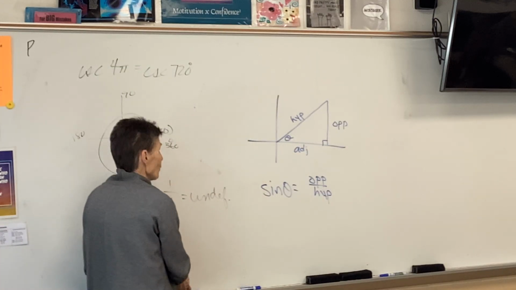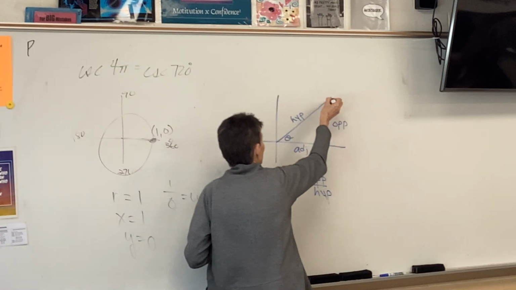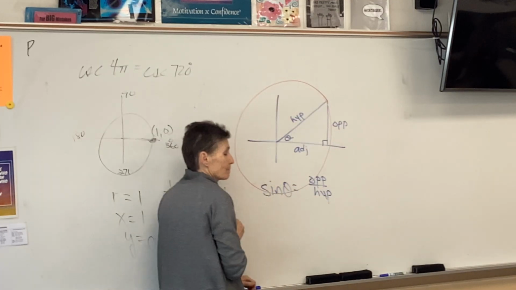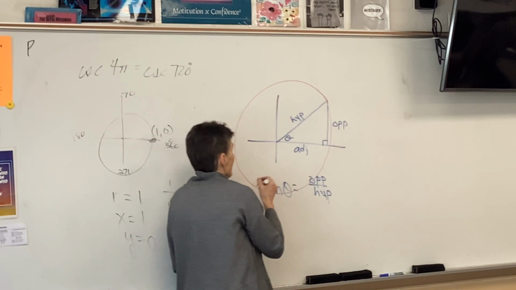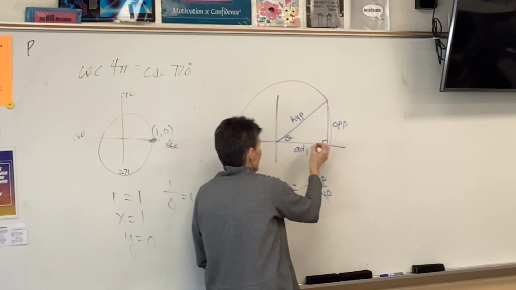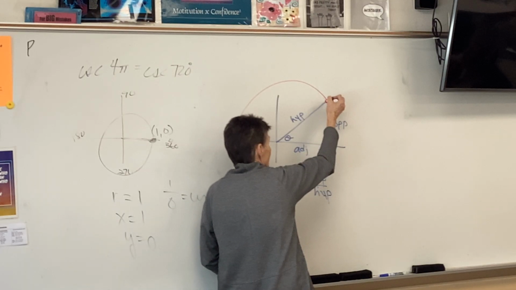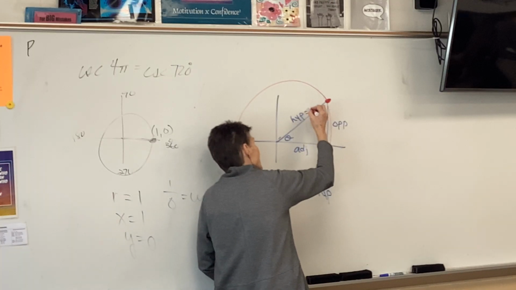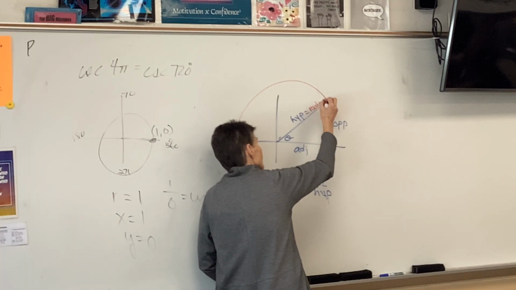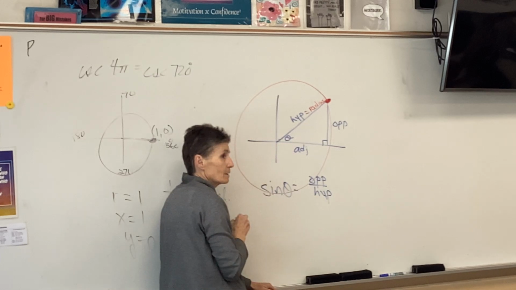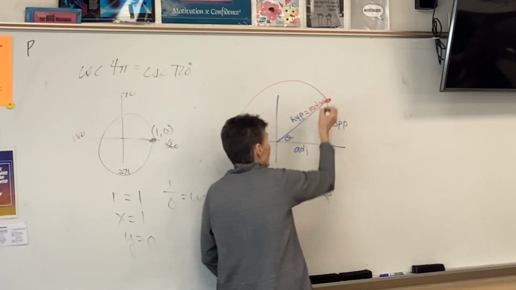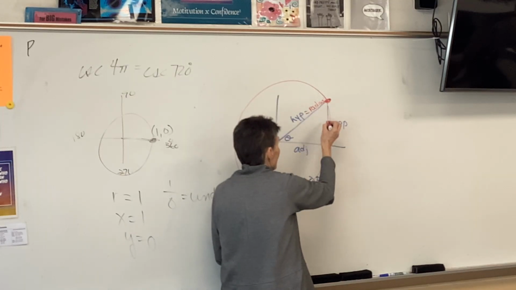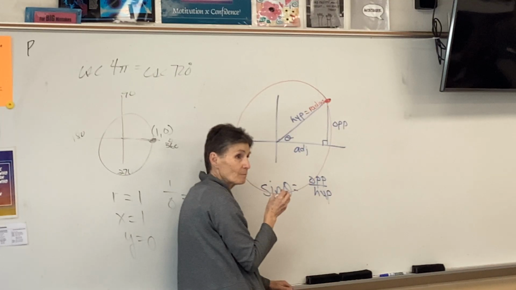But if I draw a circle, then I might think about a point right here. This would be the radius of the circle, agreed? And I don't know what that point is, but don't I go over and up to get there?